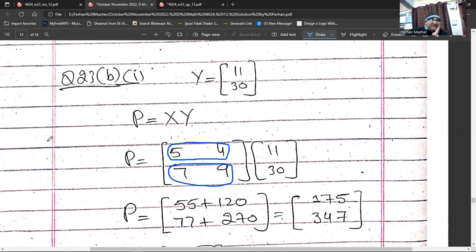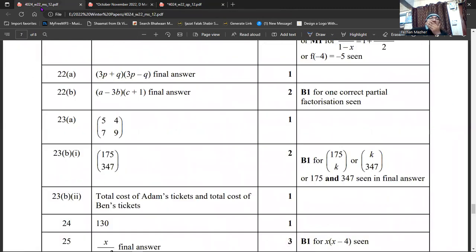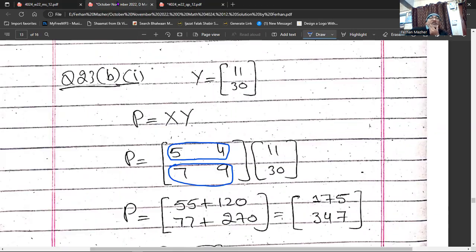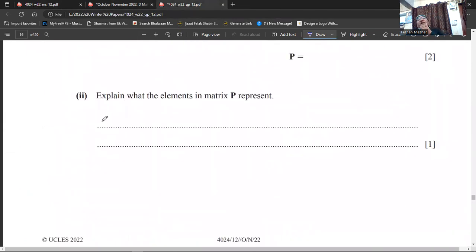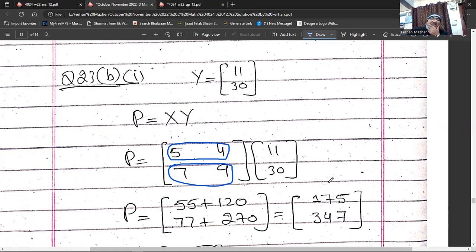So let's check if our answers are right. 175 and 347, our answers are right. Then the question is, explain what the elements in the matrix P represent. So see, this is the money spent on the theater and cinema by Mr. A, and this is the money spent on theater and cinema tickets by Mr. B, Adam and Ben.